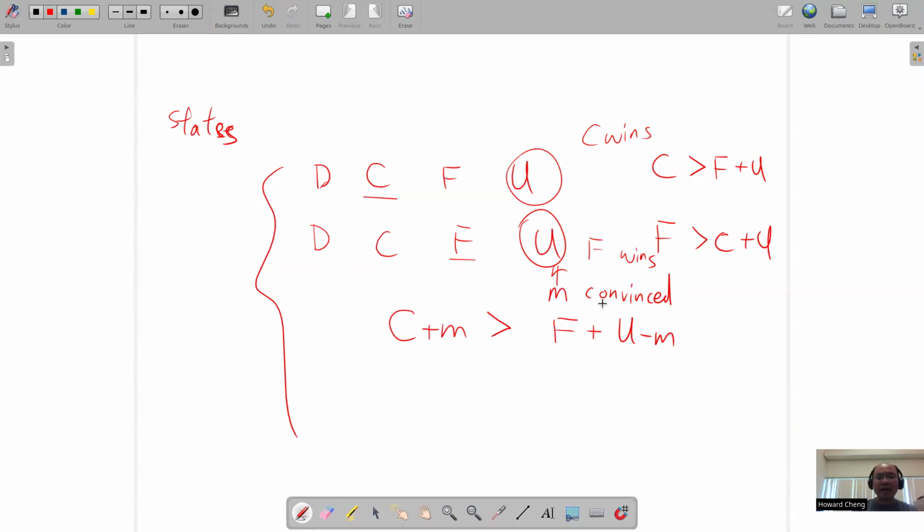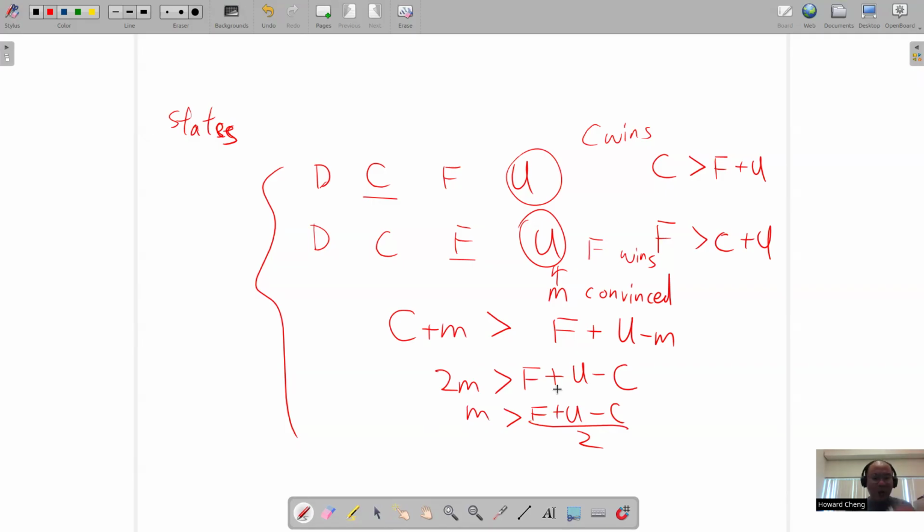So what is M? We can solve for this. 2M is equal to F plus U minus C, or M is equal to F plus U minus C divided by 2.